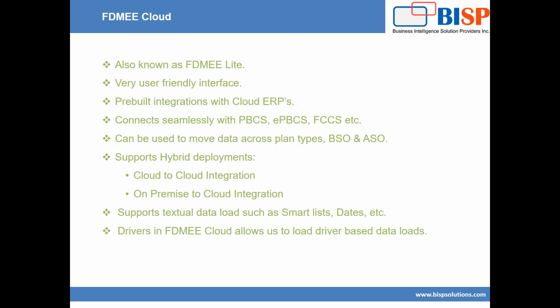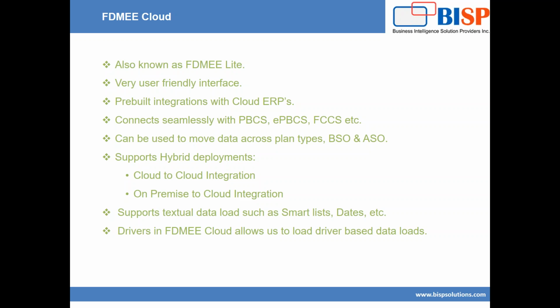FDMEE Cloud comes pre-built with cloud EPM products: PBCS, ePBCS, FCCS, and ARCS. FCCS is Financial Consolidation Cloud Service, and ARCS is Account Reconciliation Cloud Service. So it comes pre-built with these four products.